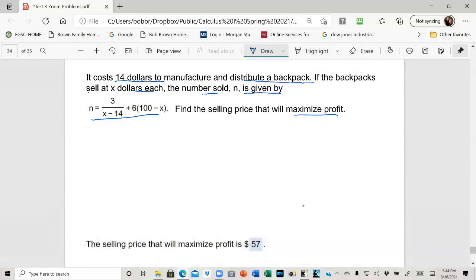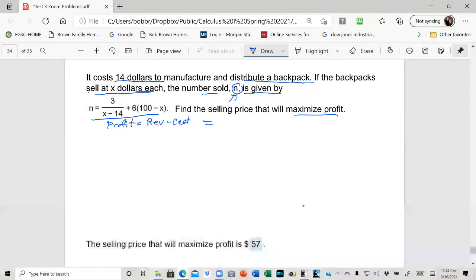Now the profit is equal to the revenue minus the cost. Now the revenue: we're selling N of them at X dollars each.